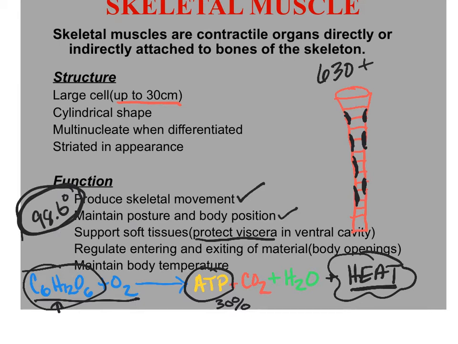This is metabolically expensive if you think about it, but it works for humans. The benefits outweigh the cost. So one of the major functions of skeletal muscle is maintaining body temperature. We've all probably been there at some point where you are so cold that you start shivering. This is called shivering thermogenesis, shivering heat making.